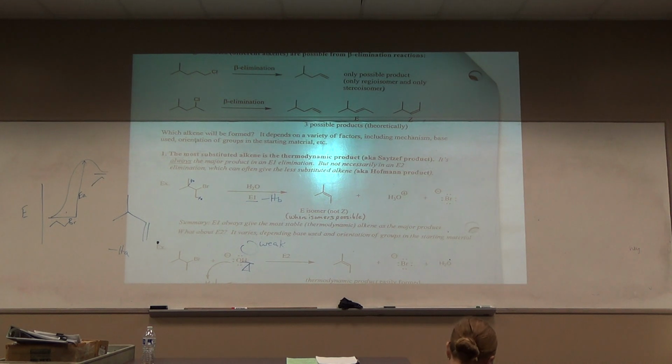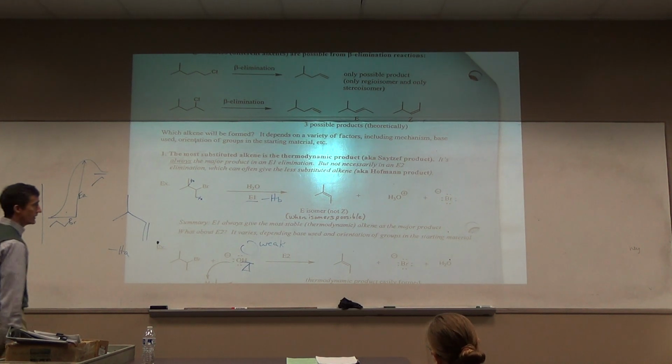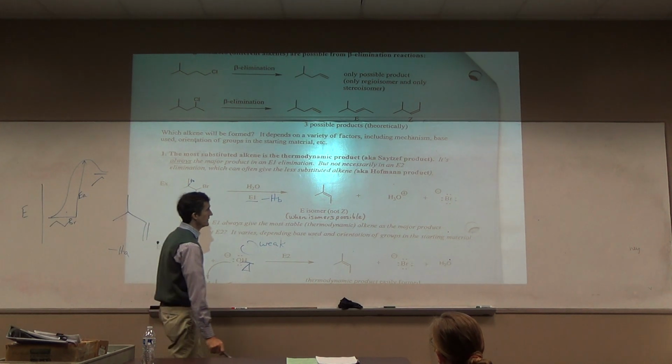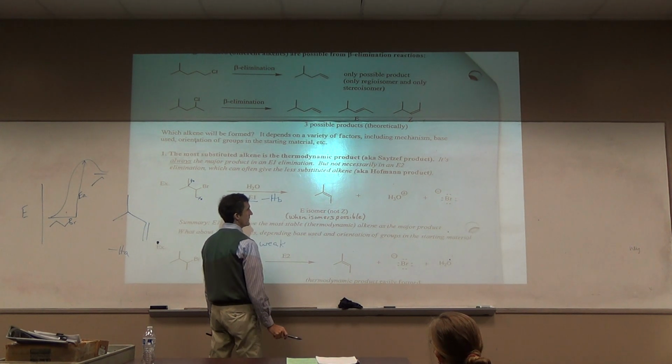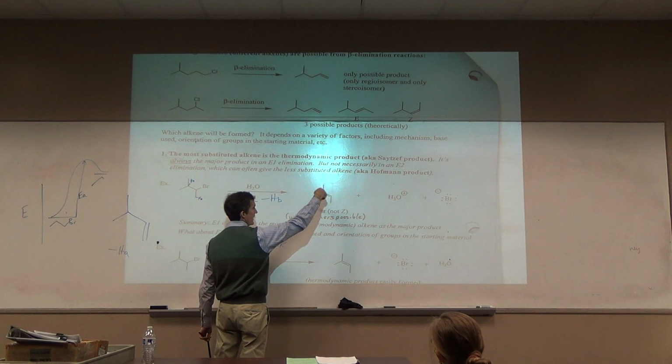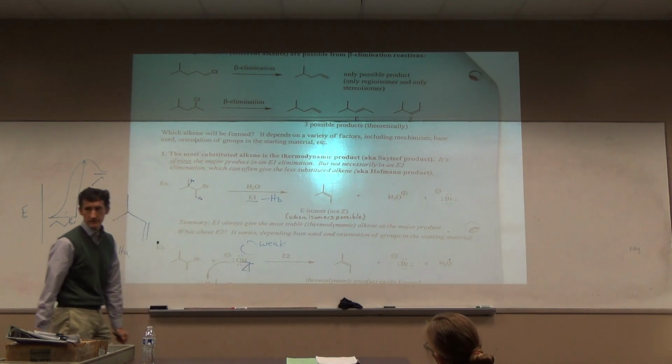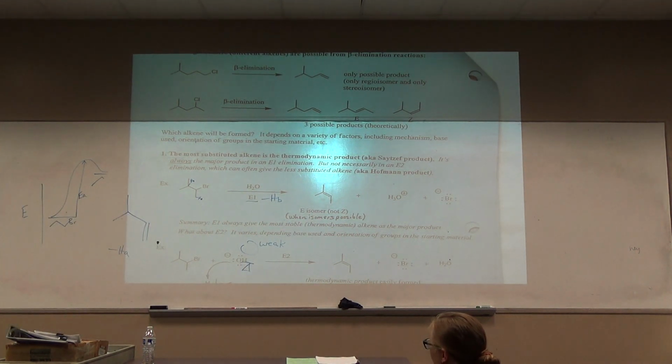Whenever you're doing E1, the major product is always the Zaitsev. Now, is this product stereogenic? Do we need to worry about E or Z? No, that product's not stereogenic. So we're done. Zaitsev, done.